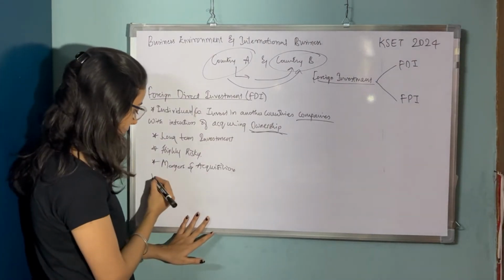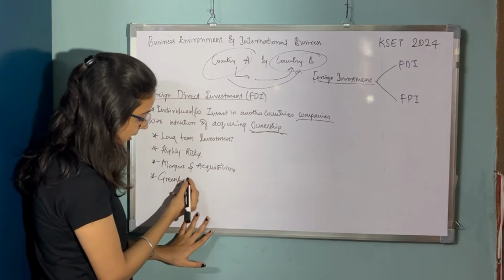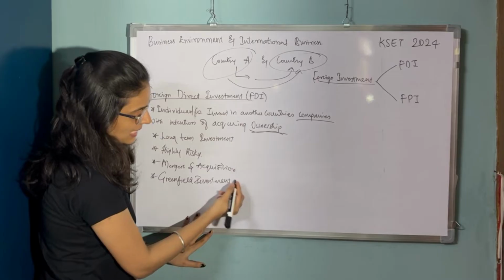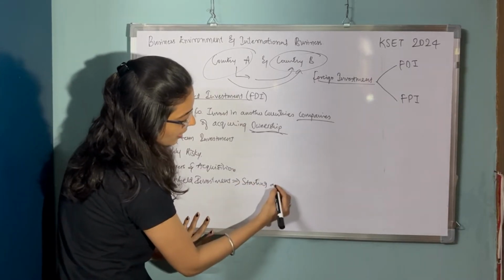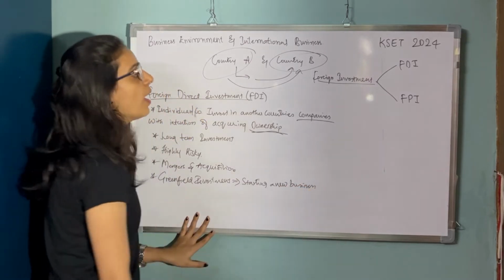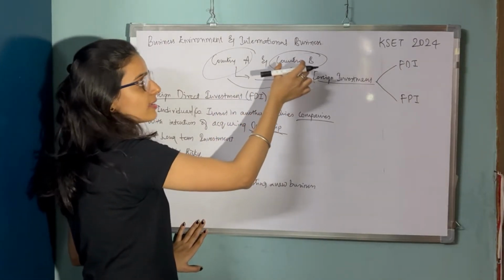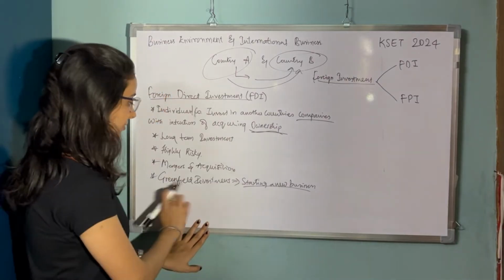So mergers and acquisitions, or it can be greenfield investment, which means starting a new business. Greenfield, starting a new business. So an individual or a company of country A starts a new business in country B. It is known as greenfield investment.